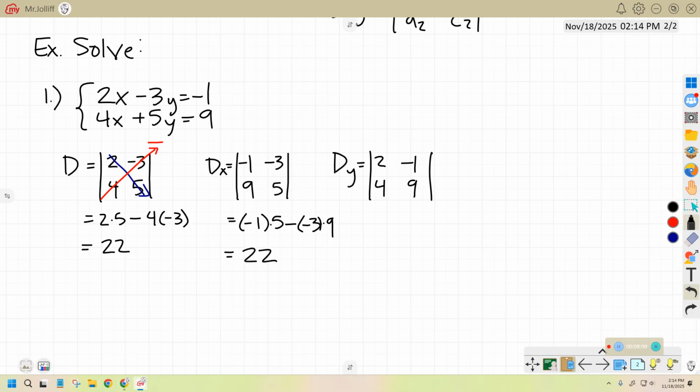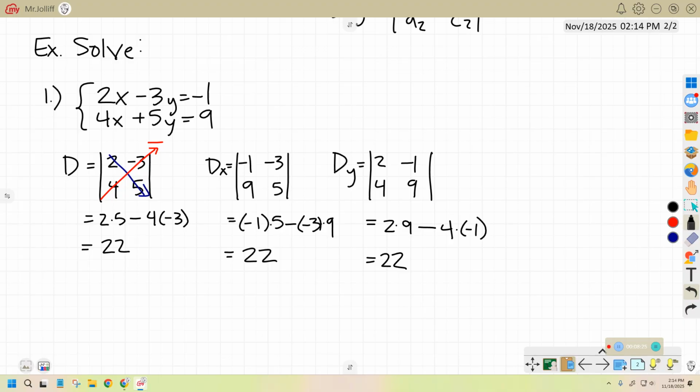Thank you. I was thinking 9 times 2, not 9 times 3. And then the last one, from the top down, I get 2 times 9 minus, and then from the bottom up, I get 4 times -1, which is 18 plus 4, which is 22. That's weird. It is all the same.